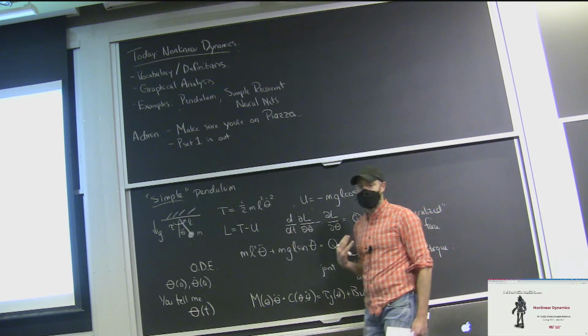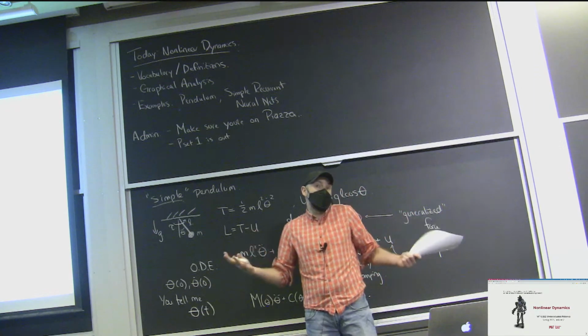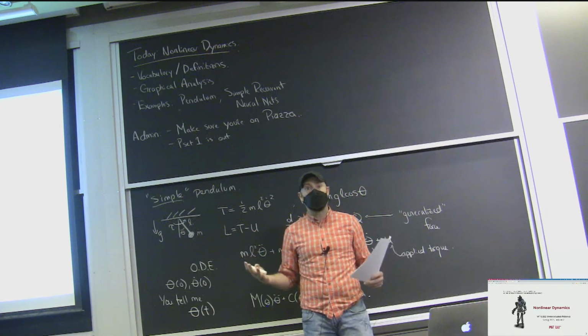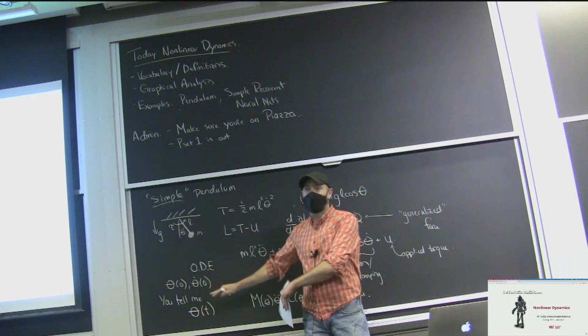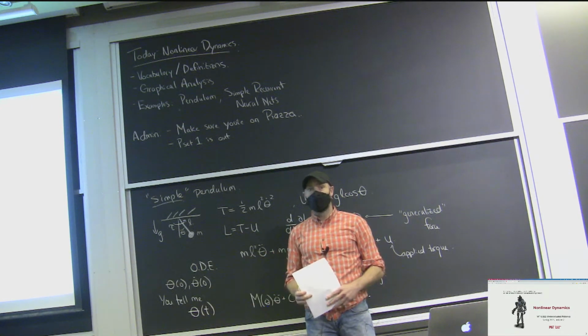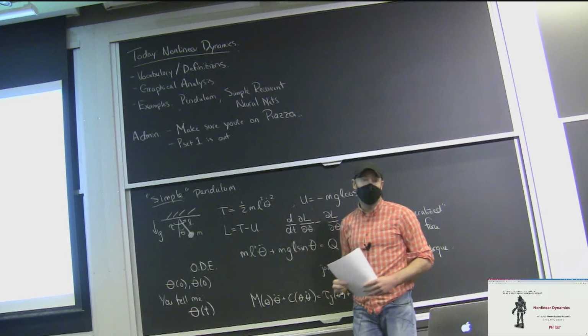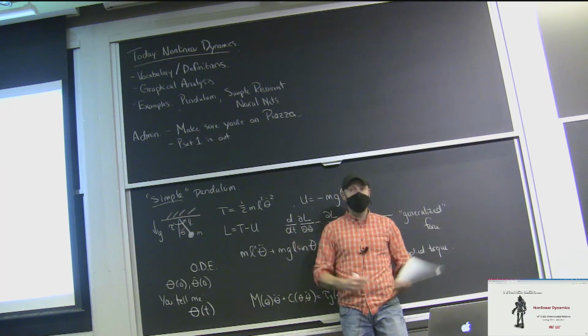The question of will it ever run into a tree is a question that we can actually answer without closed form solutions to the differential equation. Is it safe? Will it converge on a fixed point?